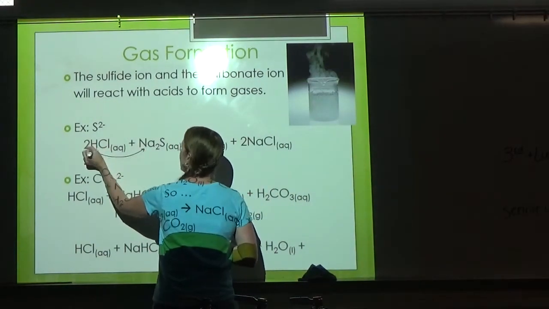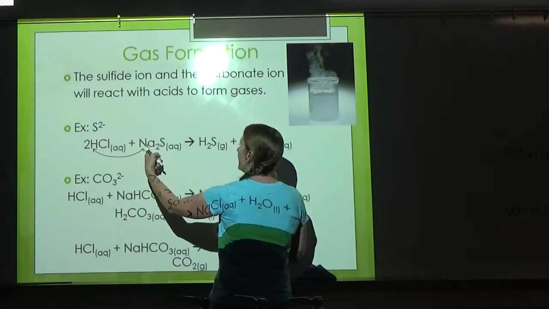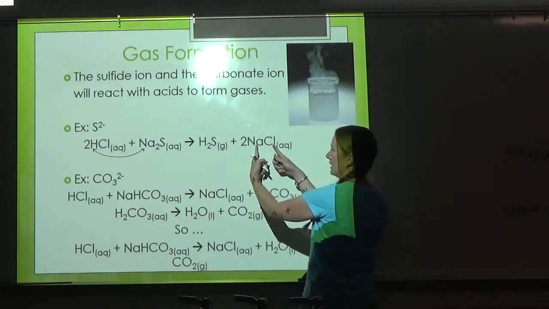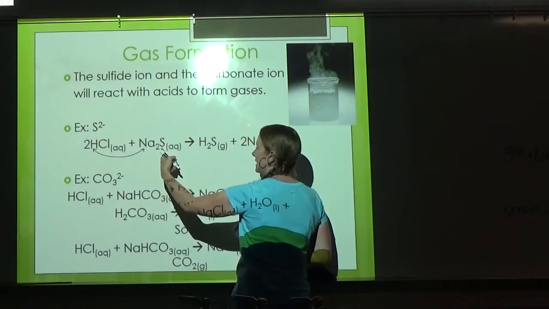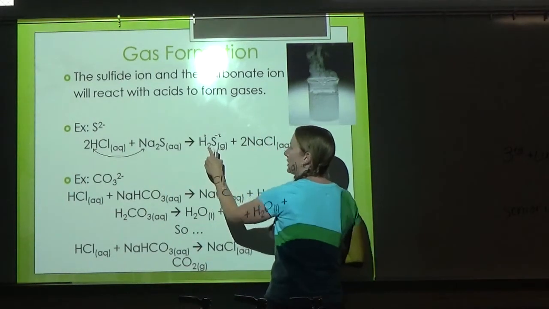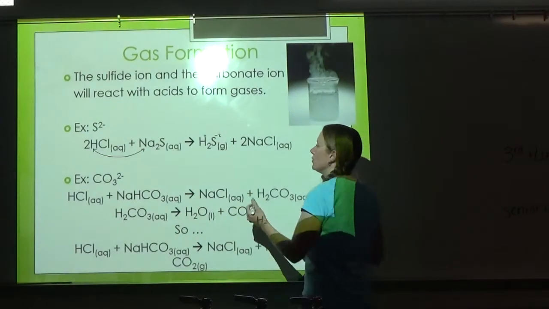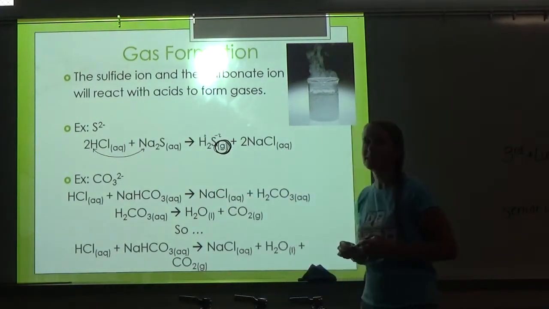So Na and H are going to swap places. Now Na will be with Cl, which is what it looks like right here. And now H will be with S. Because S is -2 and H is +1, that's why I need the 2. But you just need to remember when this substance forms, it is a gas.